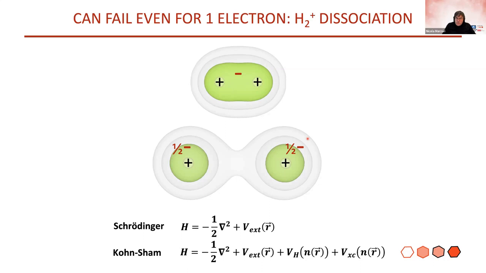Now, this would not be so bad in principle, because the exact system, the Schrödinger equation, has a left-right degeneracy. So in the Schrödinger equation, the solution with an electron on the left is degenerate with the solution with an electron on the right, and thus any linear combination of these two solutions is a good solution.